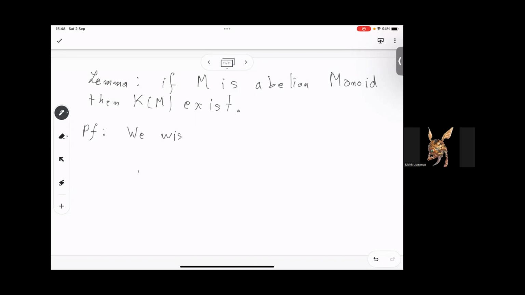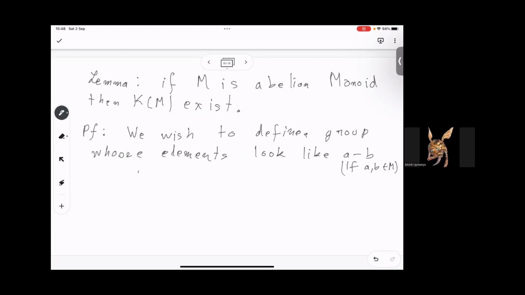We wish to define a group whose elements look like A minus B, if A and B are in M. So we define K of M to be M cross M modulo some equivalence relation.